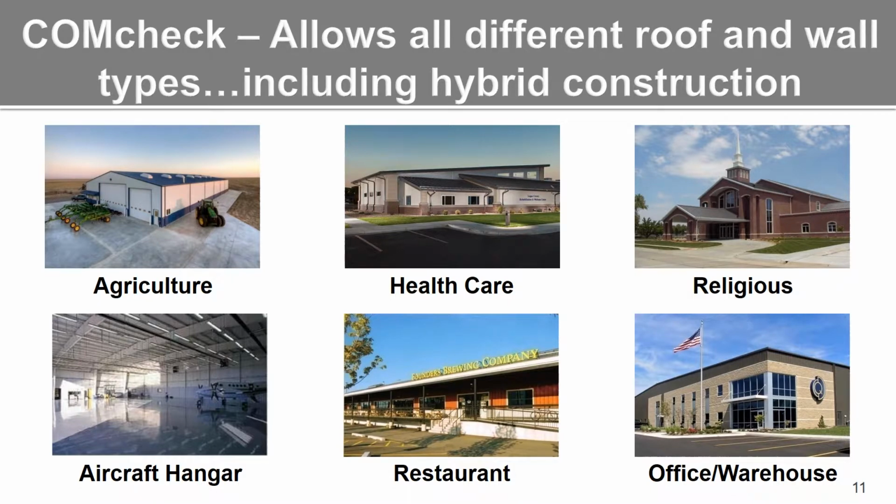Also, you may notice some of these could be considered semi-heated spaces, such as the left-hand corner for the agricultural building, or it could be a combination of a fully conditioned office space and a semi-heated warehouse space.